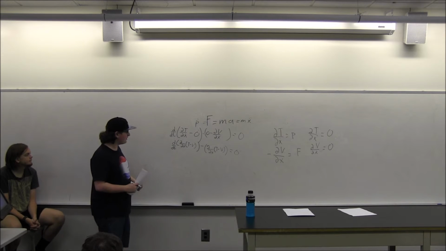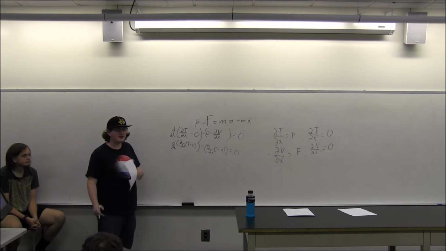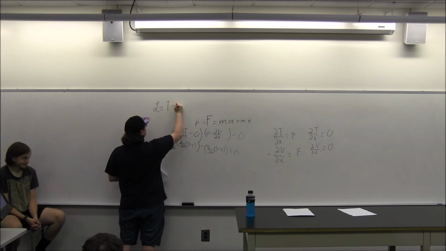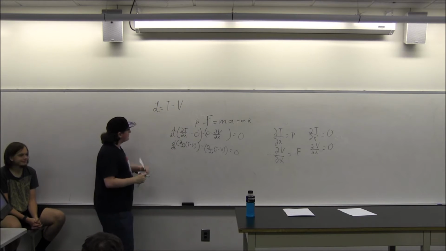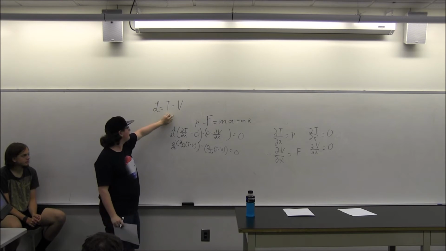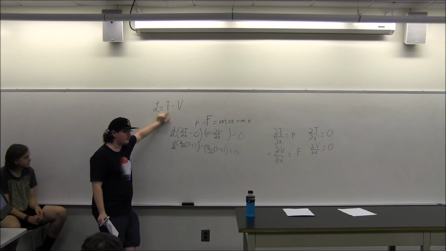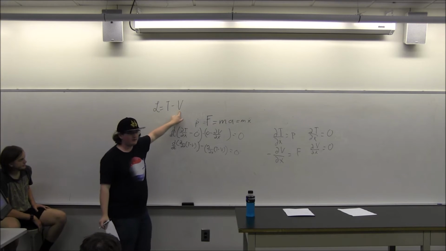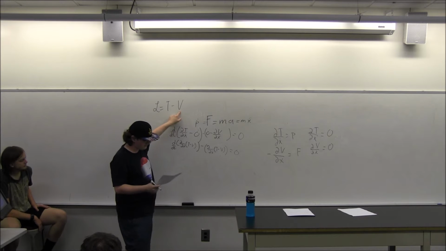So let's give it a name. That is called our Lagrangian. And again, t is our kinetic energy and v is our potential energy. This is usually a function of your velocities in whatever coordinate system. This is usually a function of your positions in whatever your coordinate system. Okay.